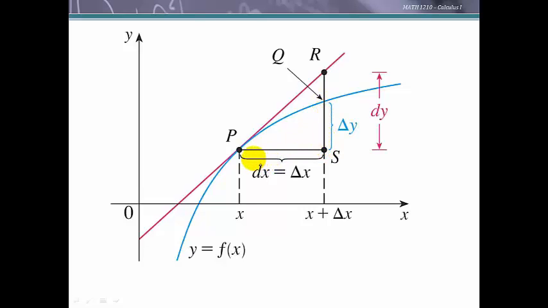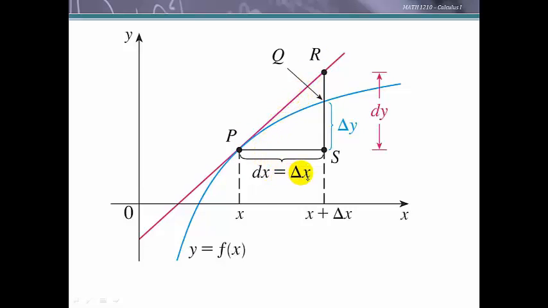Now we're talking about a differential dx, and that would equal delta x, but our differential dy is different than delta y. The differential dy is actually the distance that we would change y if we had followed the tangent to the curve, or the linear approximation of the function.